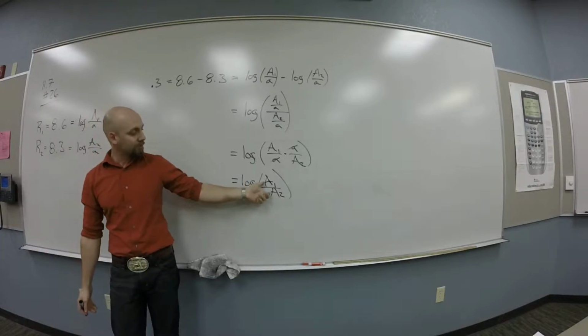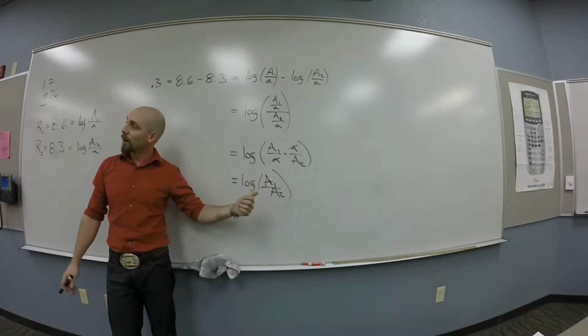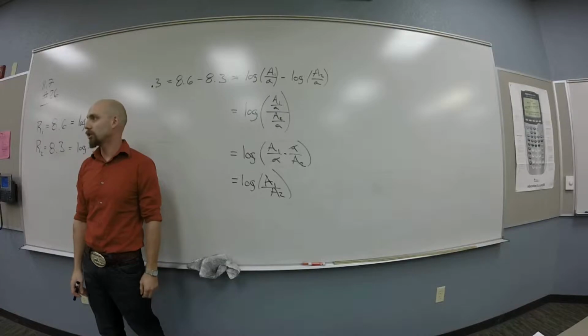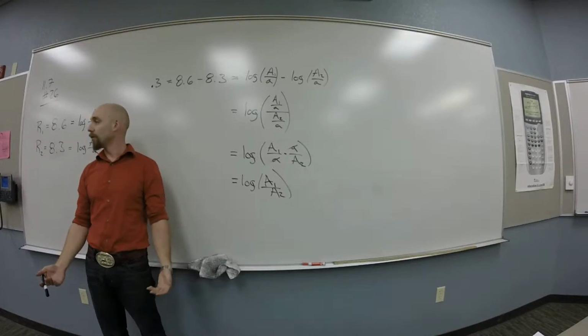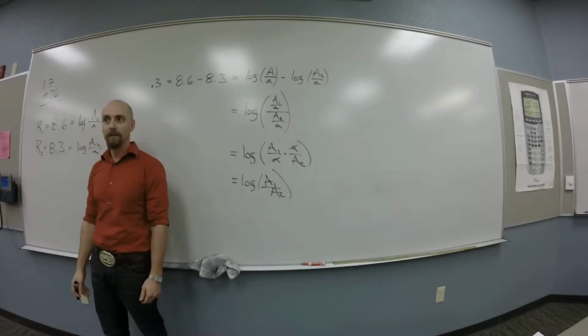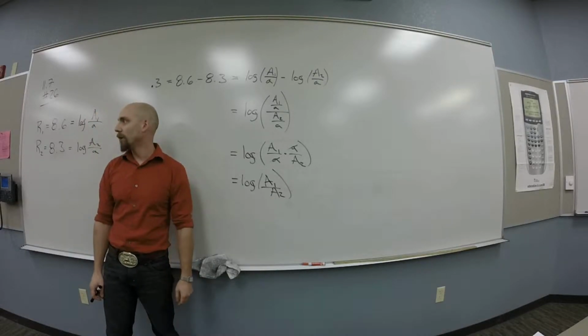So if I make this fraction, this is how much things shook for the first one divided by how much things shook for the second one. That'll tell me how much more powerful this was as a multiplication, right? You guys see that? So I'd like to get at that A1 over A2 number, right?